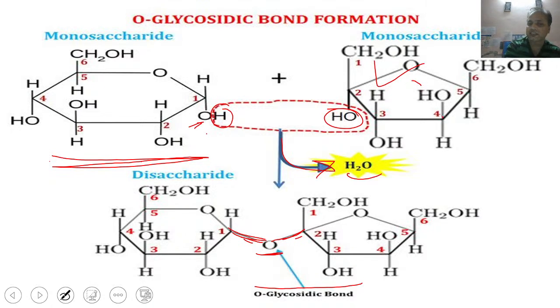So I will write this carbohydrate here and this carbohydrate there. If you are using both anomeric carbons, then I don't have any issue. You can write any carbohydrate anywhere. But if you are going to use only one anomeric carbon, then I will write the sugar whose anomeric carbon I am going to use at the first place.